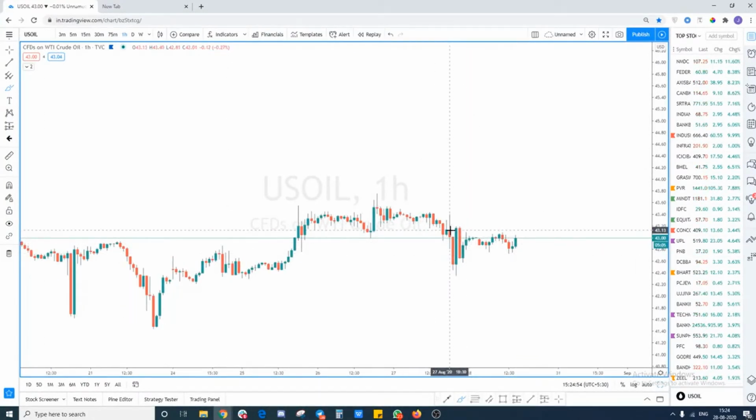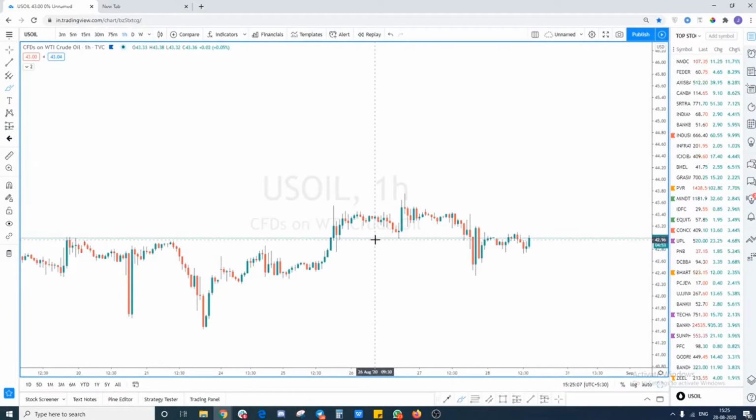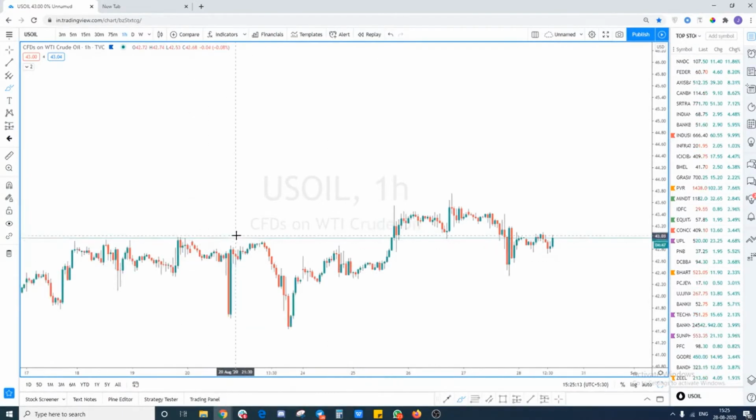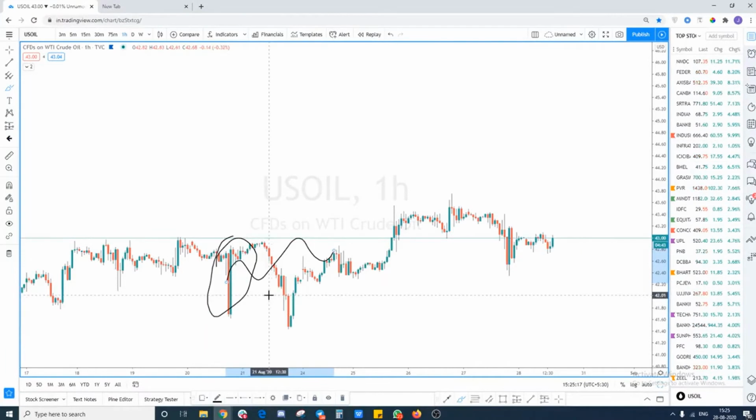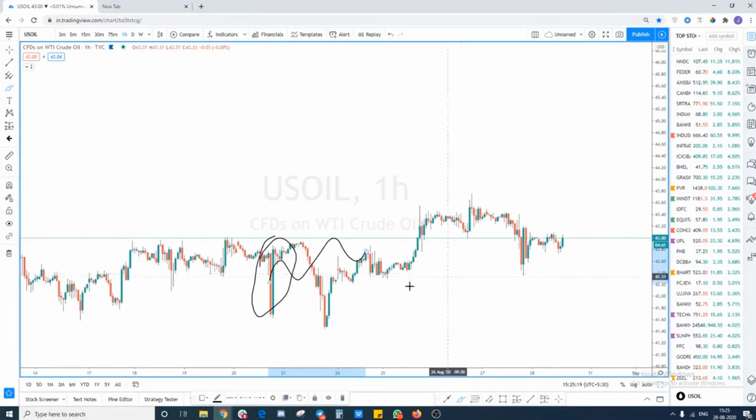So what do I mean by indecision? There is a selling pressure, there is a buying pressure, there is a selling pressure. So the picture is not clear. The buyers and sellers are not clear where the price has to go. So I'm not going to be in a position where both are confused, correct? Yeah, same goes for here. I would not trade at least for some time until I'm clear with something.